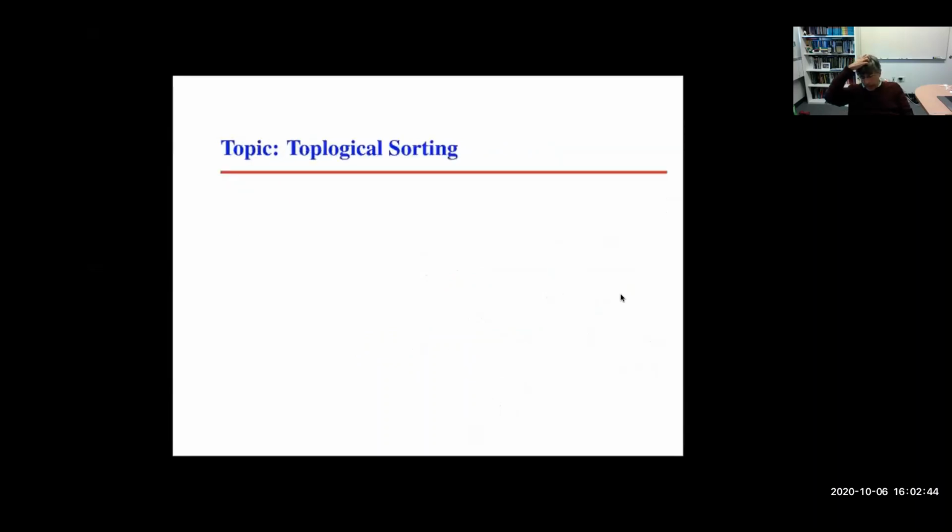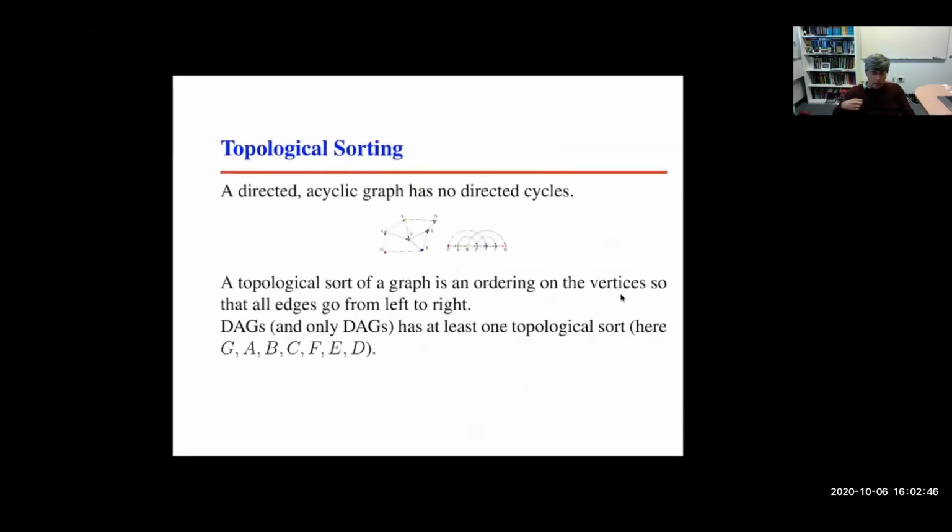The second example of a depth first search algorithm that I want you to really, really understand, because it's even more important than finding cut nodes, is a problem on a directed graph called topological sorting. Topological sorting is the mother of all things to do on directed graphs, directed acyclic graphs.